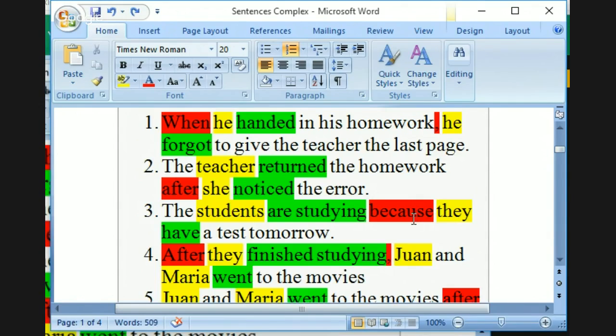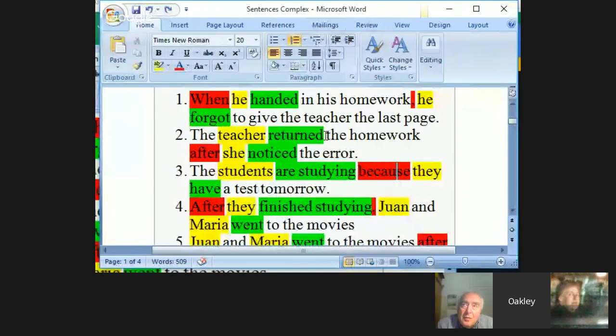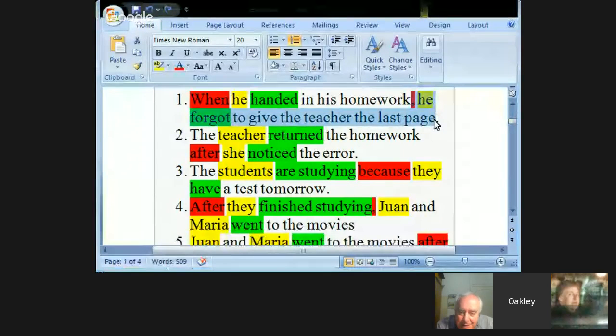Yes, teacher, but can I make an objection? Sure. The principal clause must have a precise meaning, or something like this. Because when I say the students are studying, there is no why they are studying.